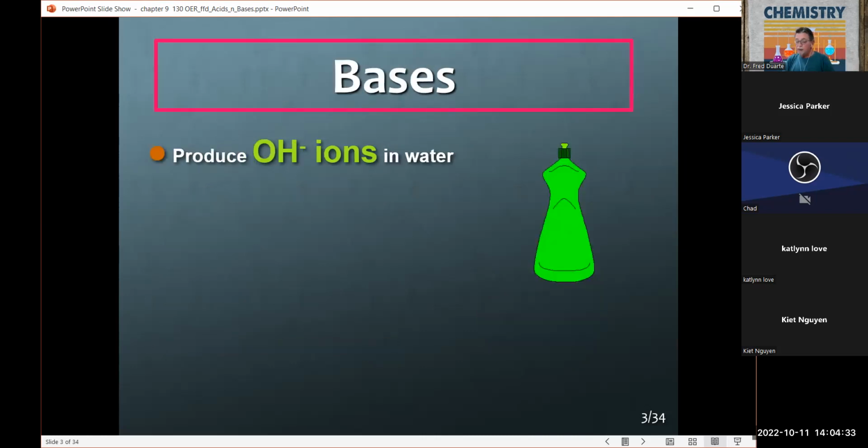Now, with respect to bases, those are any chemicals, like I stated, that produce the polyatomic ion hydroxide in water. We're talking about aqueous solutions here when it comes to acids and bases.